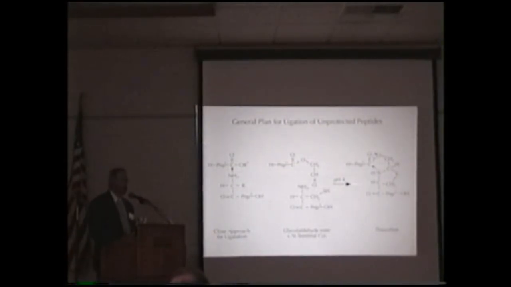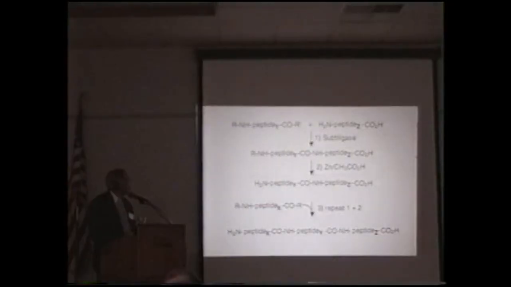You can also do this enzymatically. Next slide. This is using a subtilisin that's been modified in a couple of ways by genetic engineering, and you get what's called, I guess my light is burned out here, subtiligase they call it.